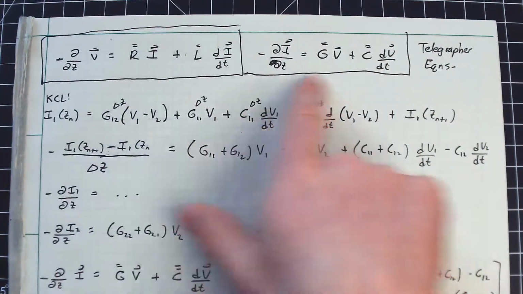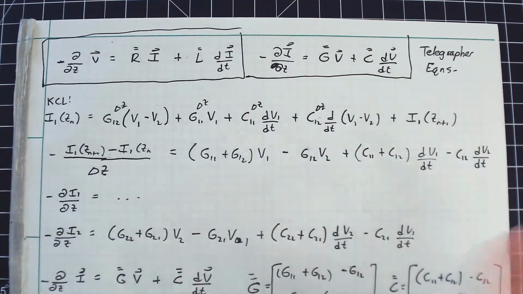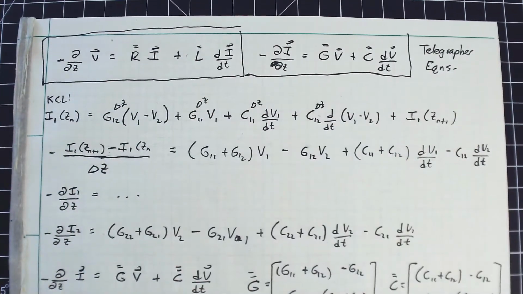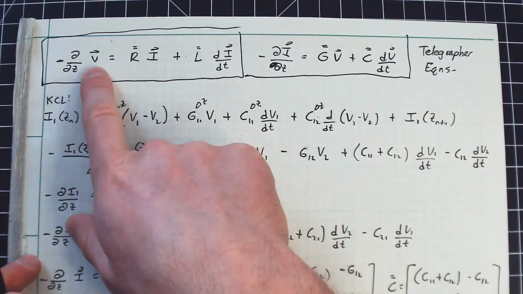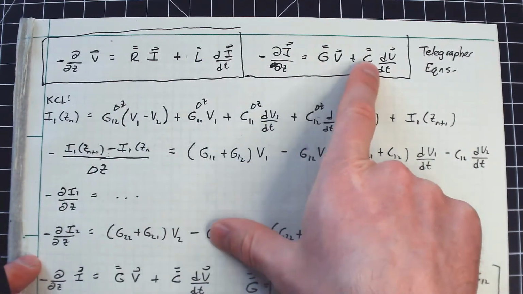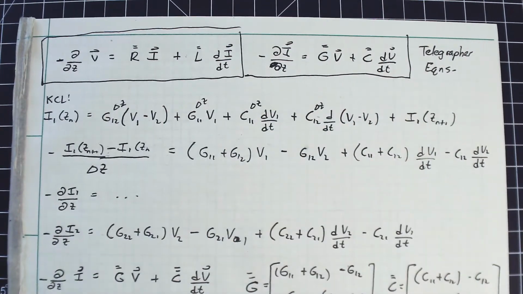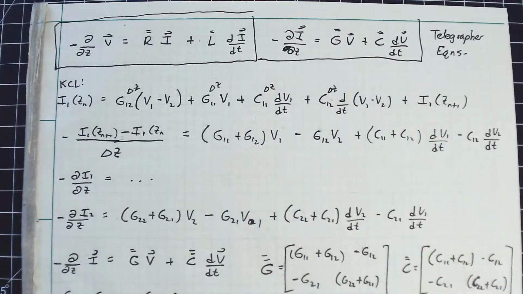But you notice they share exactly the same form as we had before with the telegrapher equations for a two-conductor line. You just extend it out and you get this matrix vector notation, where again you have these coupled partial differential equations, vectors for your V and I, and these resistance, inductance, capacitance, and conductance matrices.